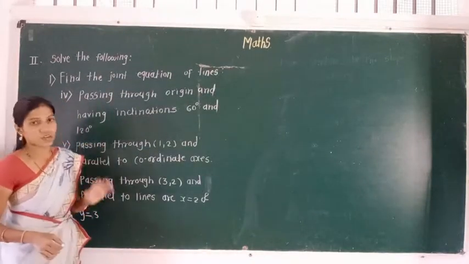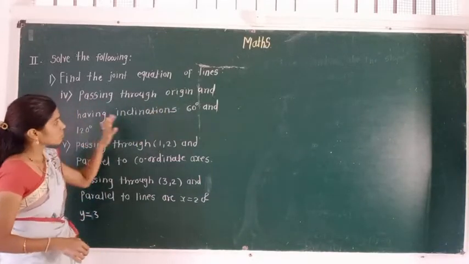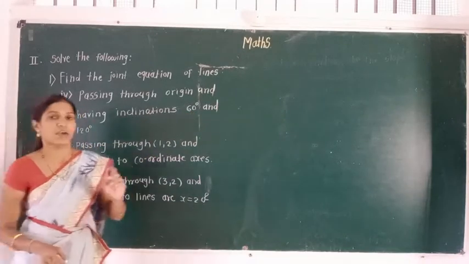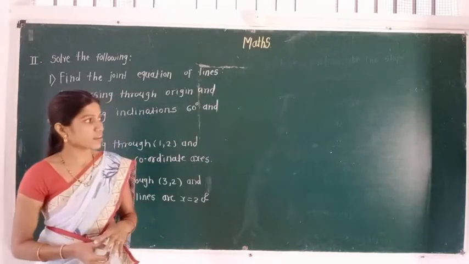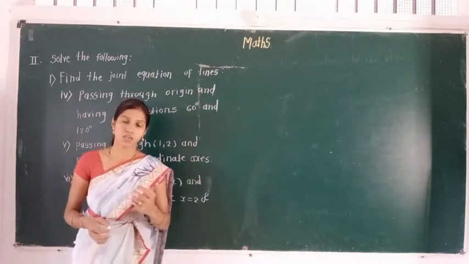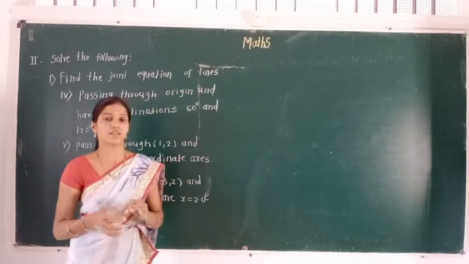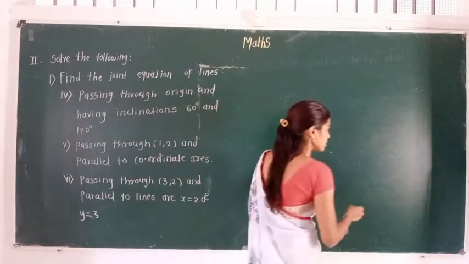Find the joint equation of lines passing through the origin and having inclinations 60 degree and 120 degree. And we know that the inclination of a line means the smallest non-negative angle made by the line with the positive direction of the x axis.